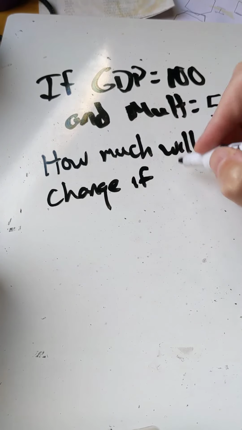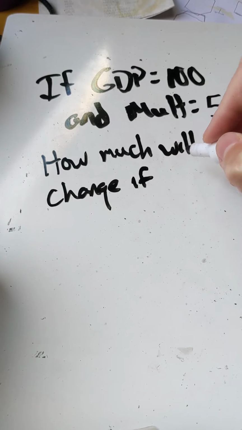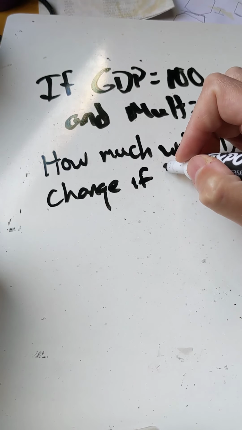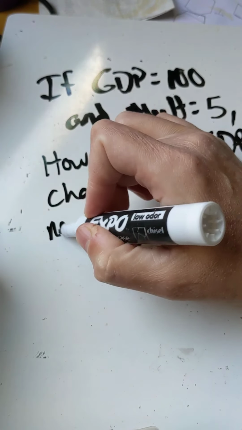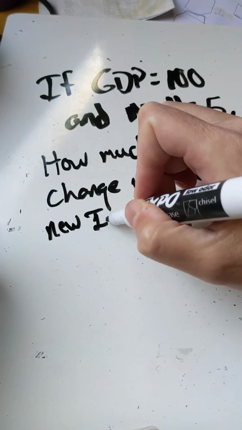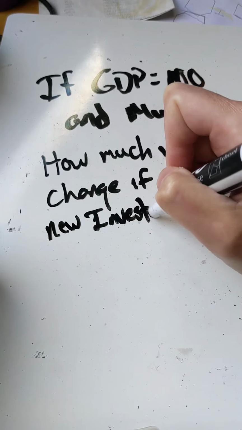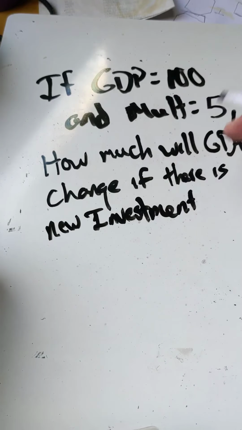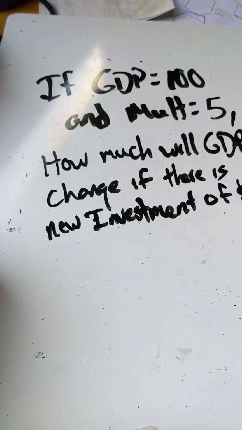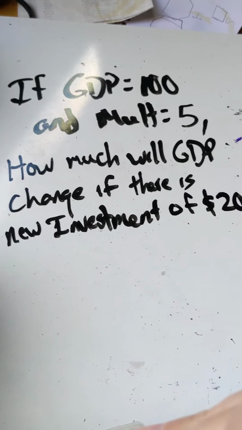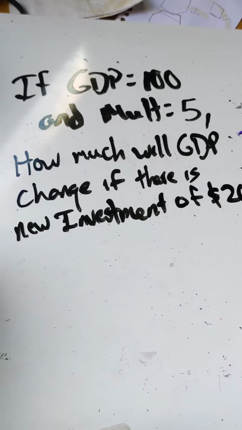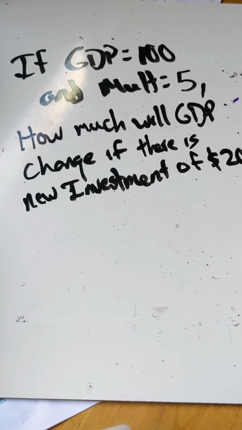Doesn't really matter. We'll say there is new investment of $20. Okay, so that's what we're saying. You'll see a question like this on the AP test. It'll be a little more complex, but it'll fundamentally be this.